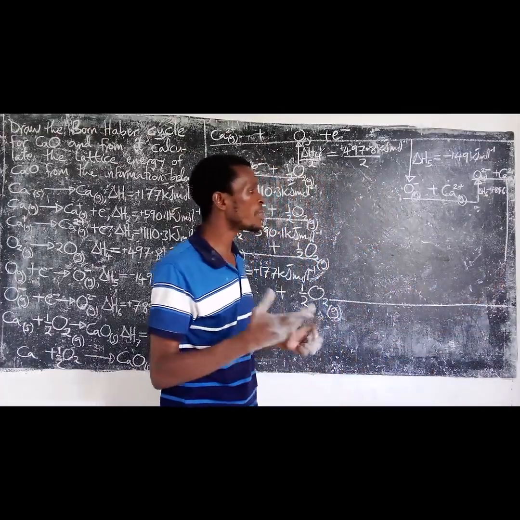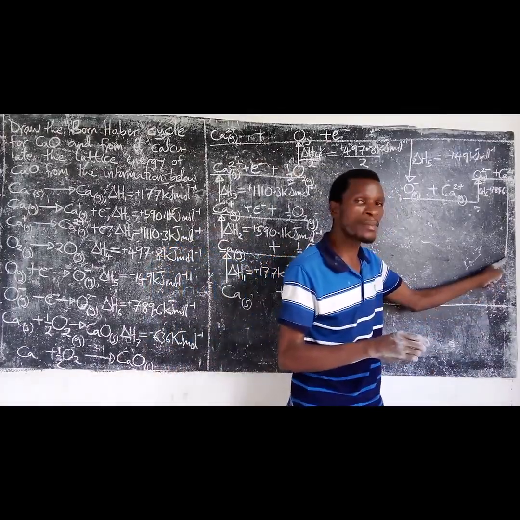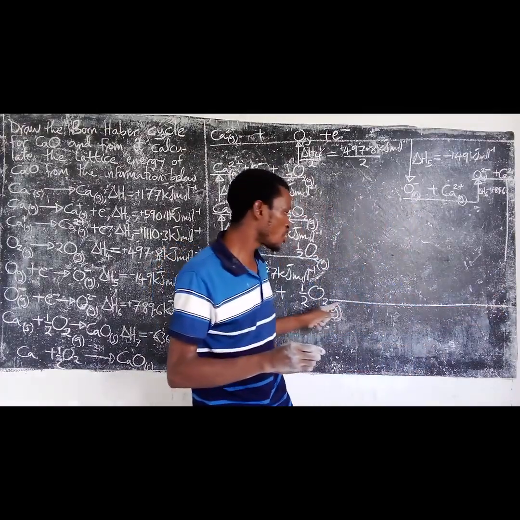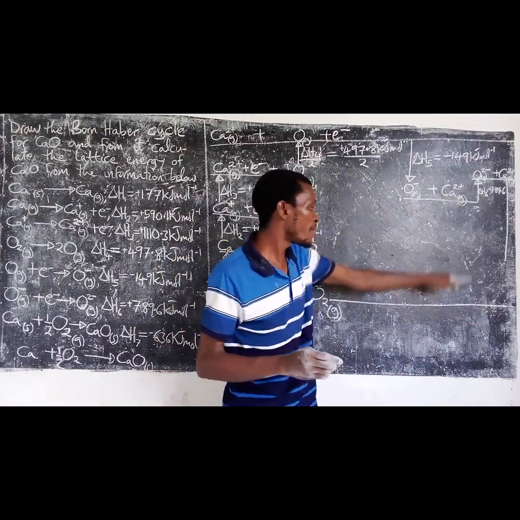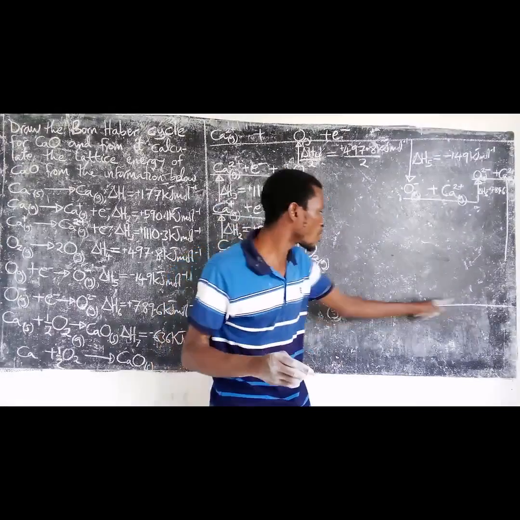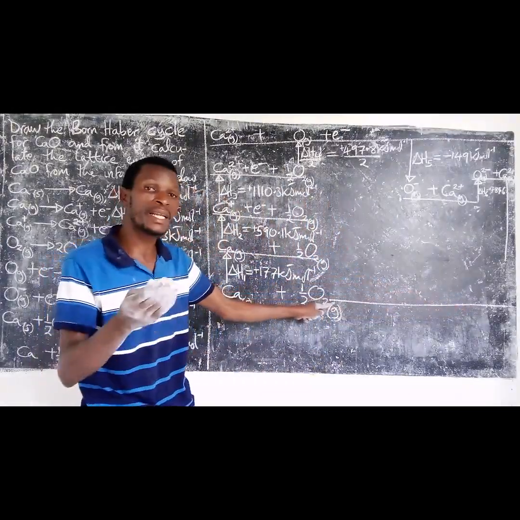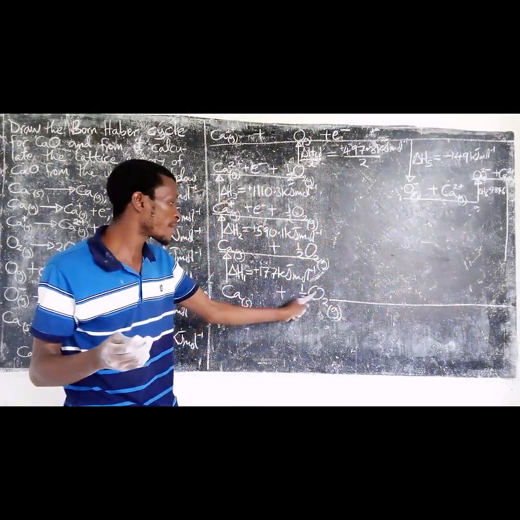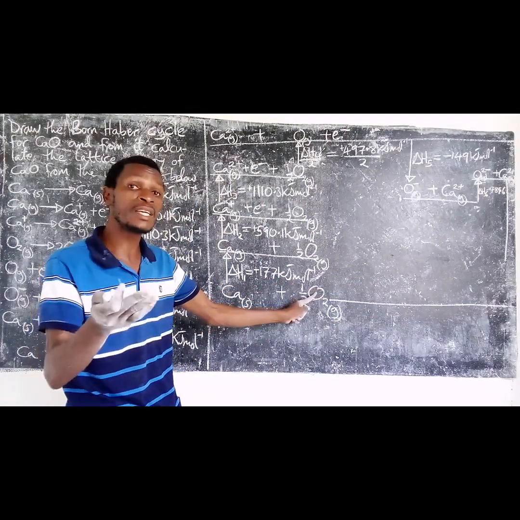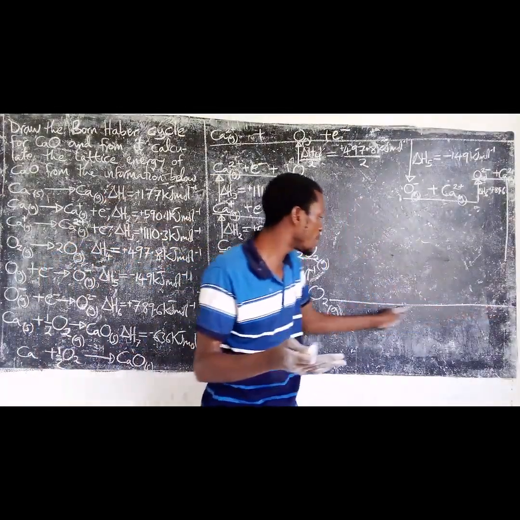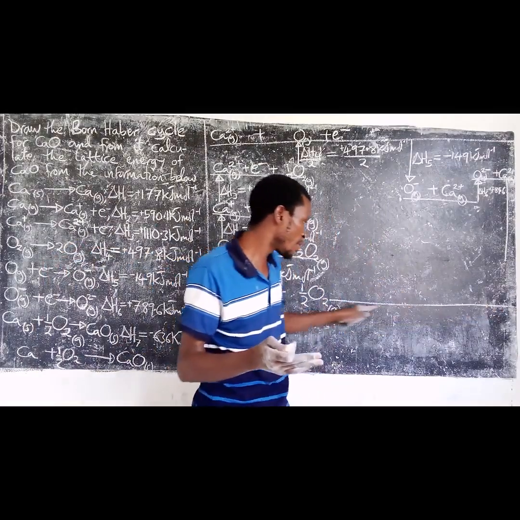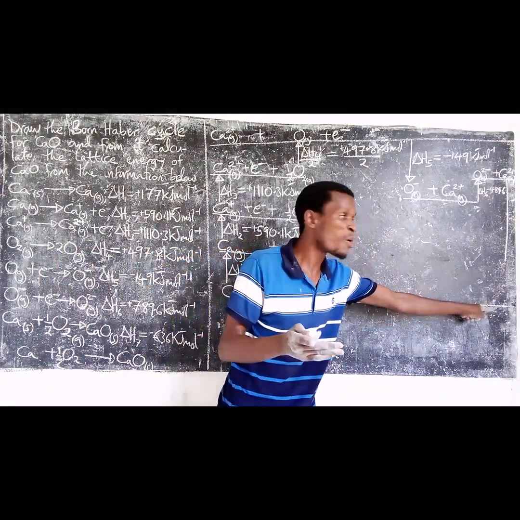Now, we don't know if the product is formed below this horizontal line or above it. This horizontal line indicates the energy level of the reacting elements, which is 0. So this indicates that heat energy is 0.